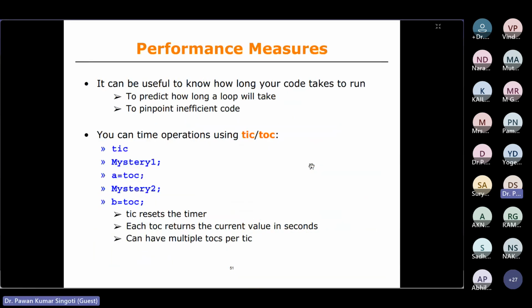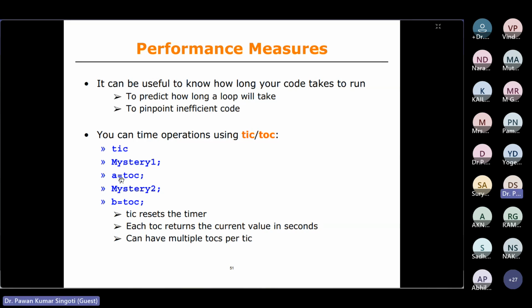Now, performance measures. Okay, we can use these to know the time also. It can be useful to know how long your code takes to run. Suppose we put tic, the time will start at this point. At the end point you will write toc.